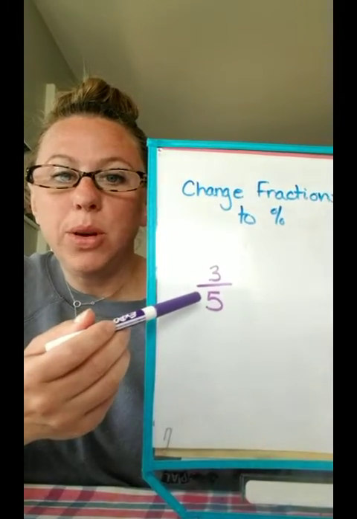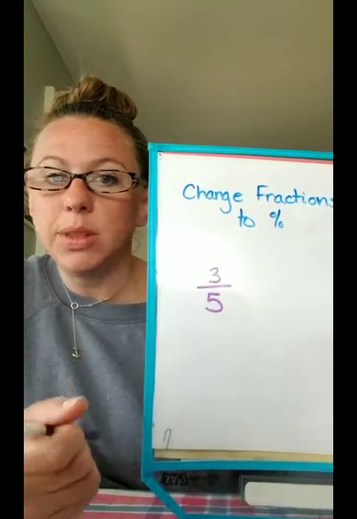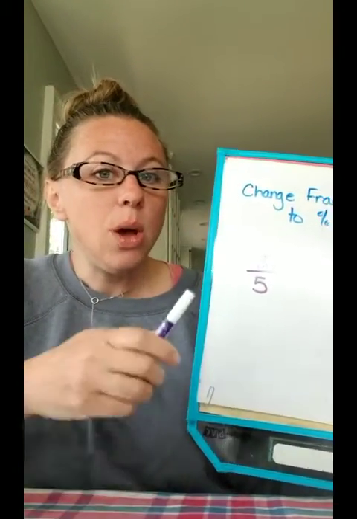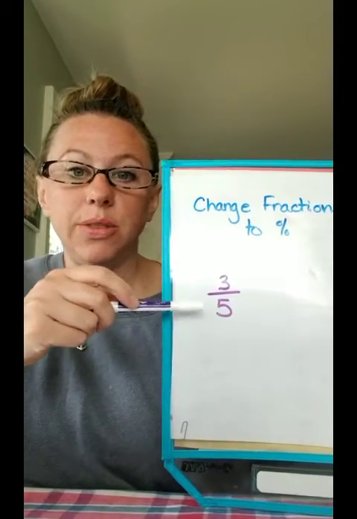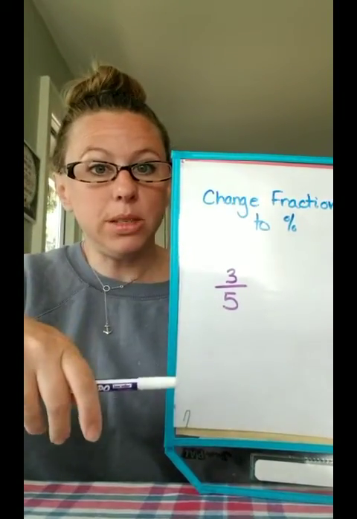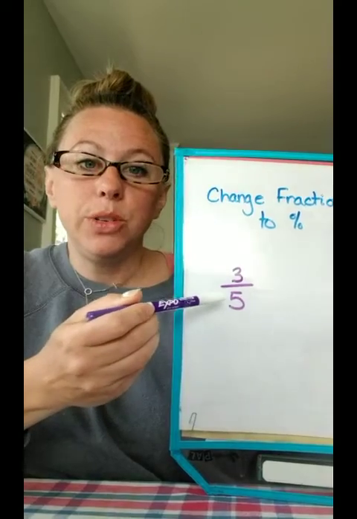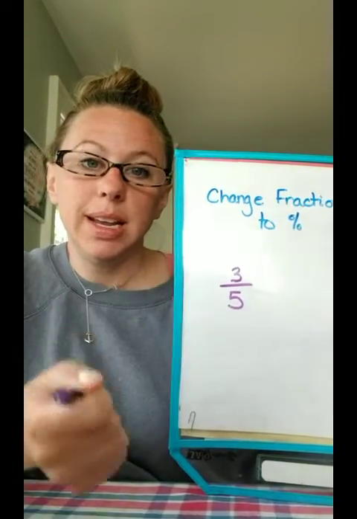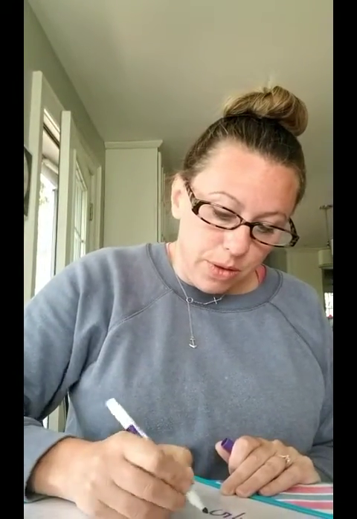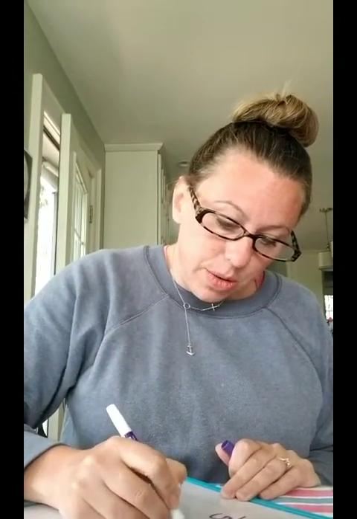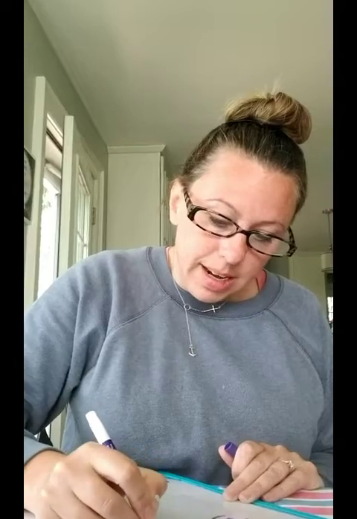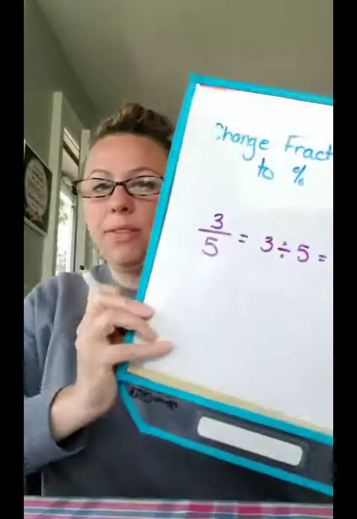Now remember, when you have fractions, to get a decimal, this is not new for us, okay? We learned about how to change a fraction to a decimal many months ago. What you're going to do is you're going to divide this bottom number into this top number, and that's how you get a decimal. So if you have 3 over 5, you're going to divide 3 divided by 5, okay?